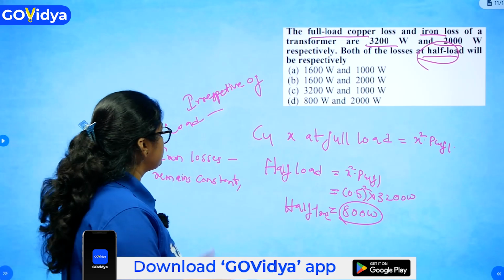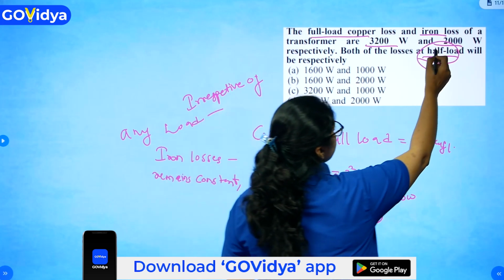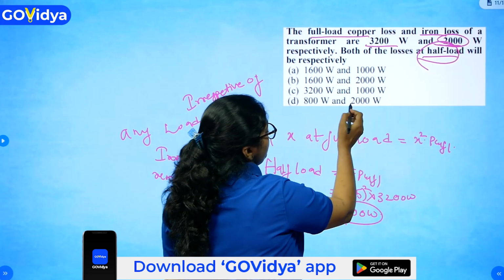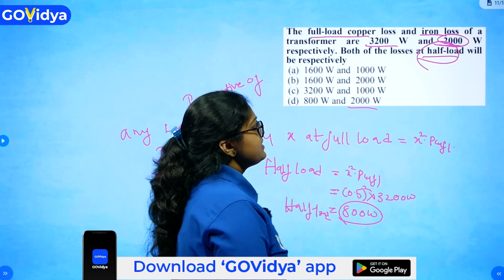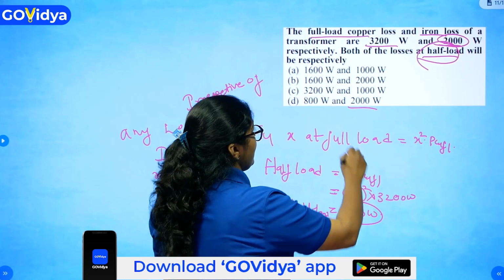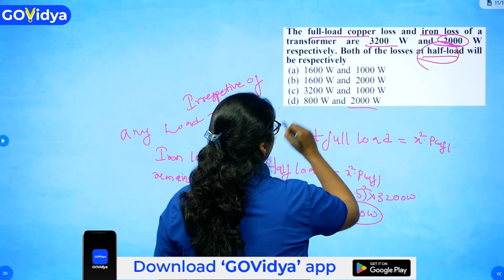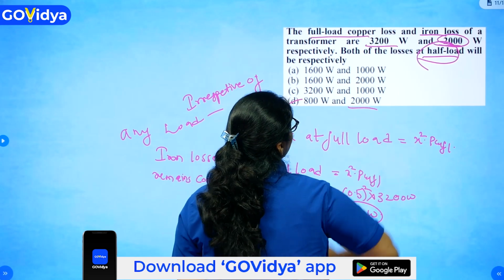So the iron loss given in the question is 2000, so it will be only 2000 watts. So the answer is, at half load we got 800 watts copper loss and the iron loss again 2000 watts.